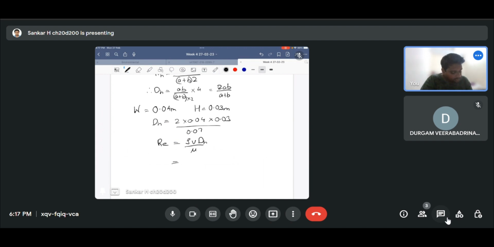Reynolds number is given as 1000, density is again 1000, velocity is what we have to find, so we keep it as W, the notation used for this question, times hydraulic diameter, 2 times 0.04 times 0.03 divided by 0.07, divided by the viscosity of water, which is 1 centipoise.